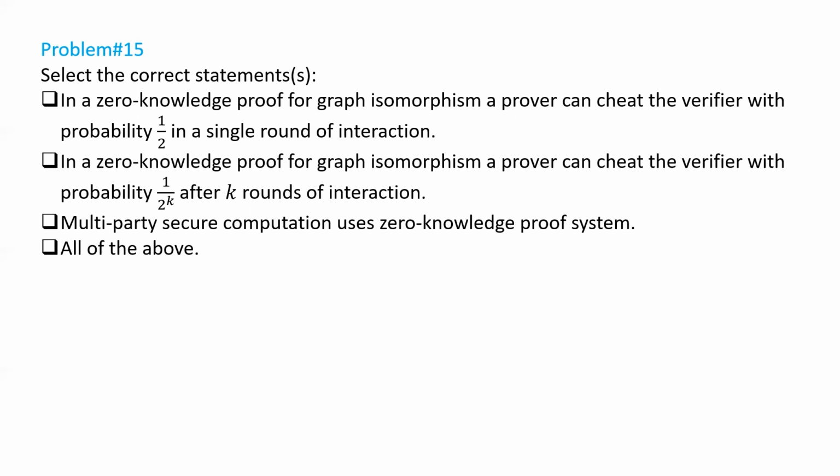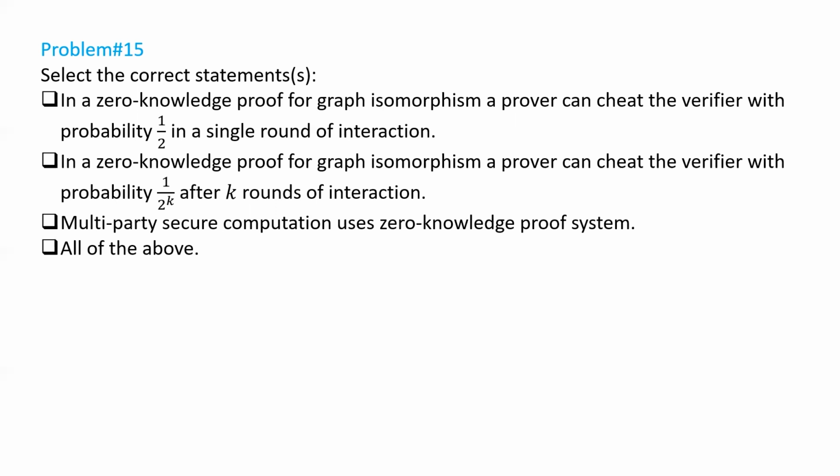So by repetitive application of this interaction between prover and verifier, the verifier can be convinced that the prover indeed has information about the bijection from G1 to G2. That is how it works.